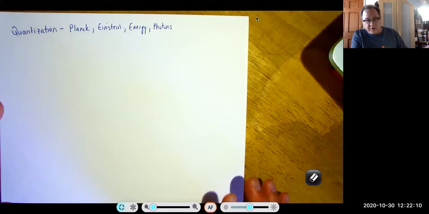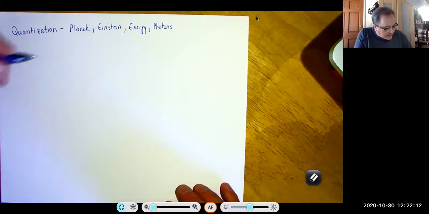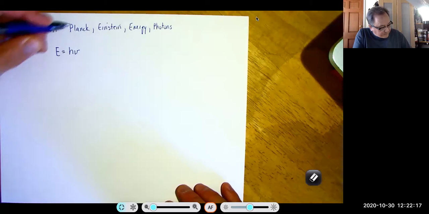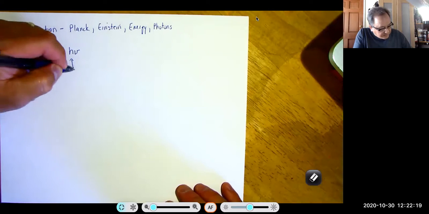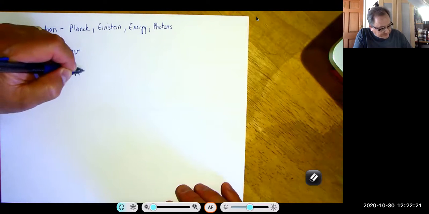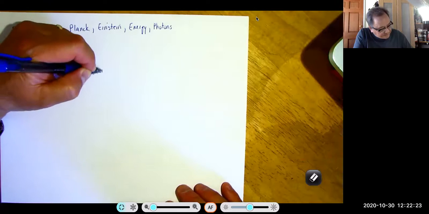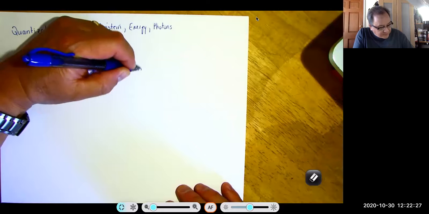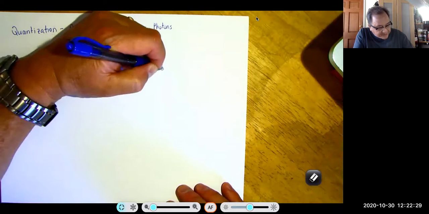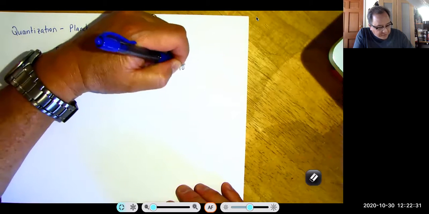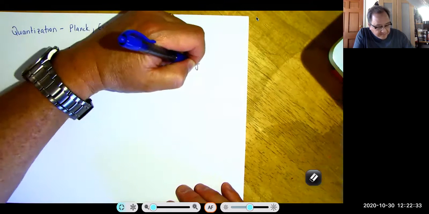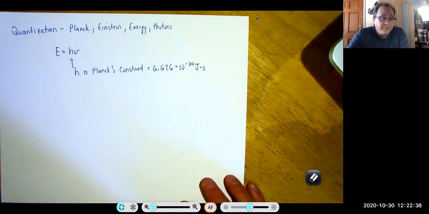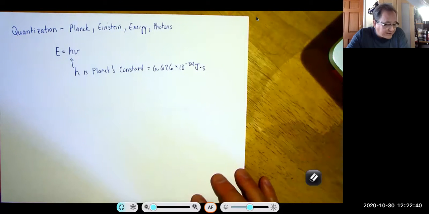I don't want to go into all the lecture stuff, but I'll tell you that Planck came up with an equation that says E is equal to h nu. And h is called Planck's constant, which is 6.626 times 10 to the minus 34 joule seconds. And notice I said joule seconds, not joules per second. So when I say joule seconds, the second stays in the numerator.